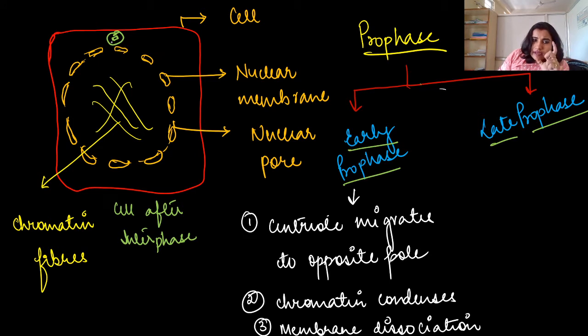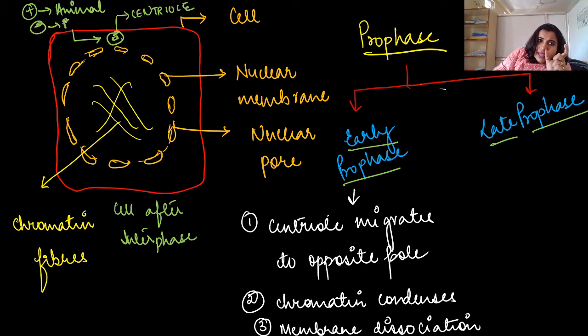First, let me explain you about this cell. This is a small rectangular structure which we call centriole. This centriole is present only in animal cell, absent in plant cell.